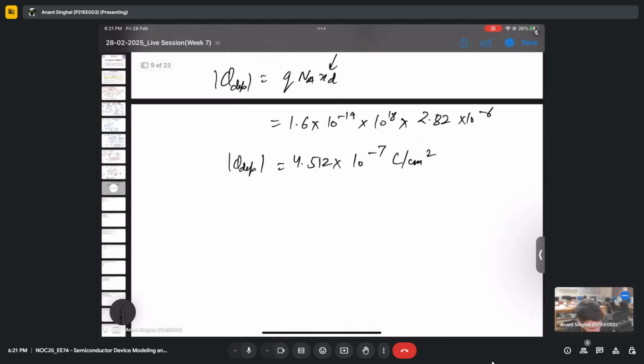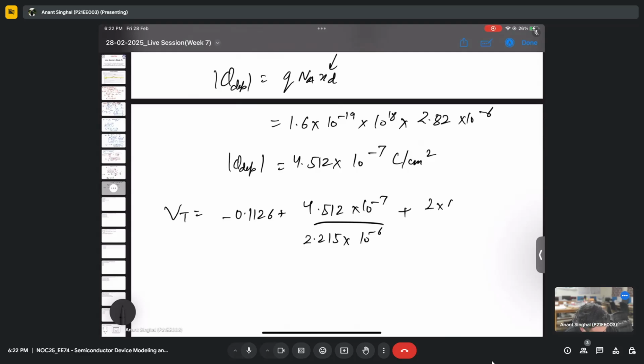So now we just need to keep all of this in the formula. V_FB is minus 0.1126 plus Q_depletion, 4.512 times 10 to the minus 7, by C_ox. C_ox we have calculated in the previous part, that is 2.215 microfarad per centimeter square, and at the last we have 2 times 0.359.